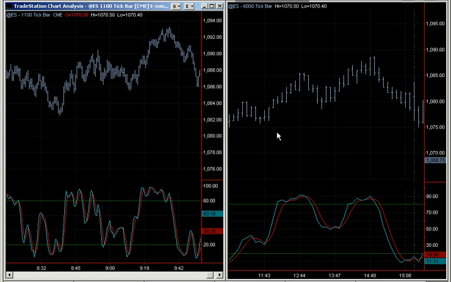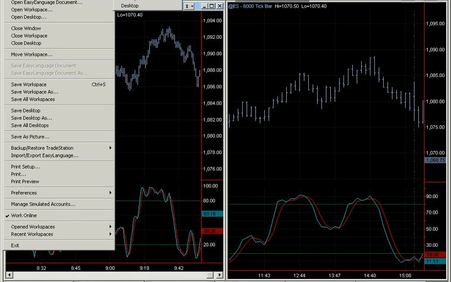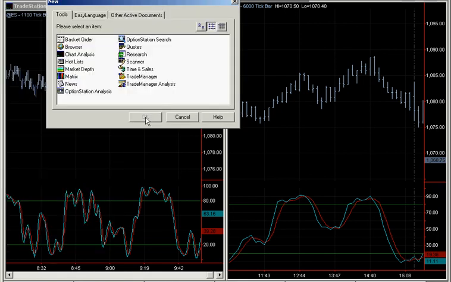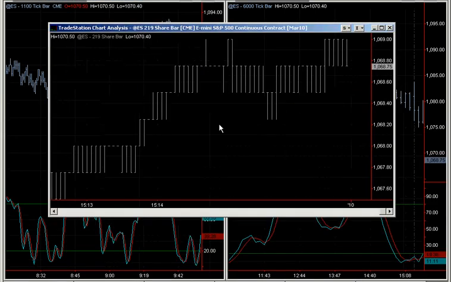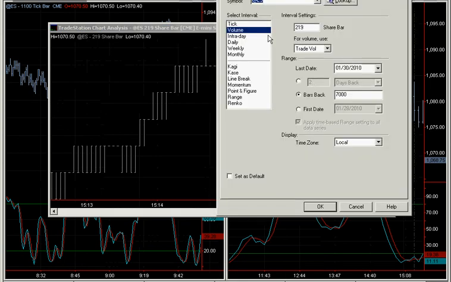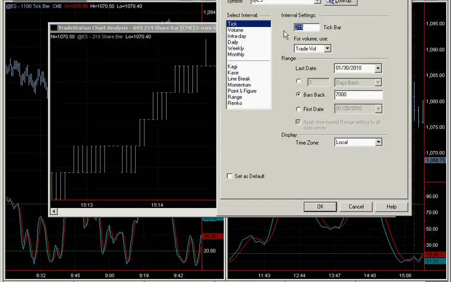So if you really wanted to get fancy, you keep these two charts on your screen, add a third chart. Say, let's just place a third chart on this screen. Let's say this is a 100 tick bar. Don't need too many bars back.